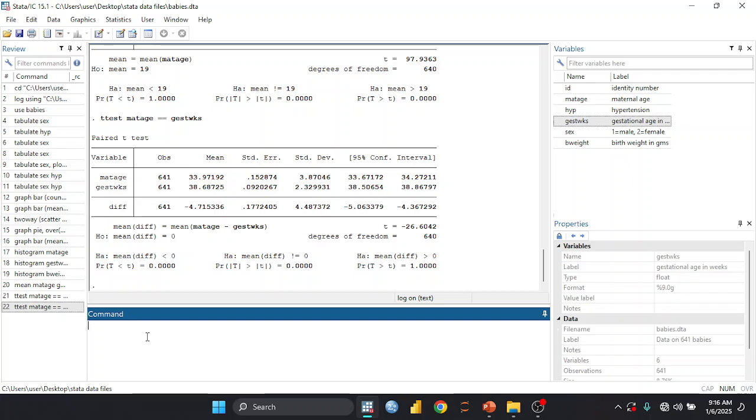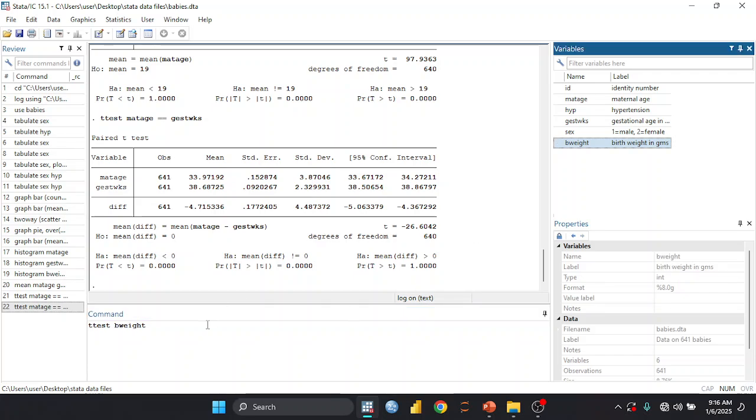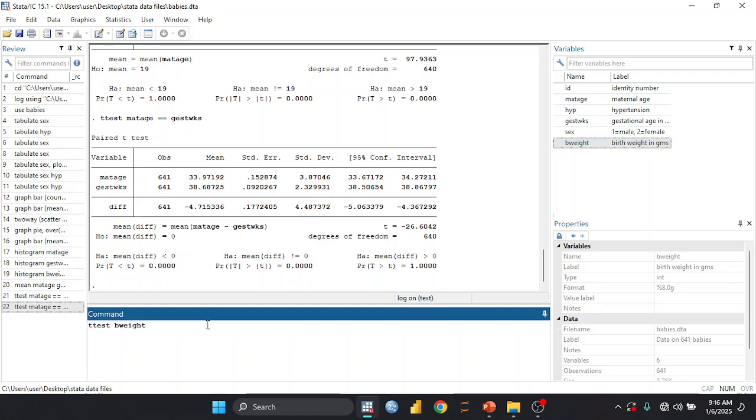So for our test, we want to test birth weights. Okay, I said I don't like typing, just to avoid errors. So now we want to test if truly the birth weight is the same among male and female babies. Is there a significant difference between the male and female babies?